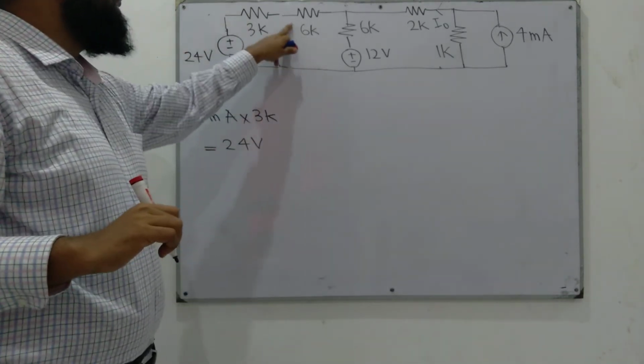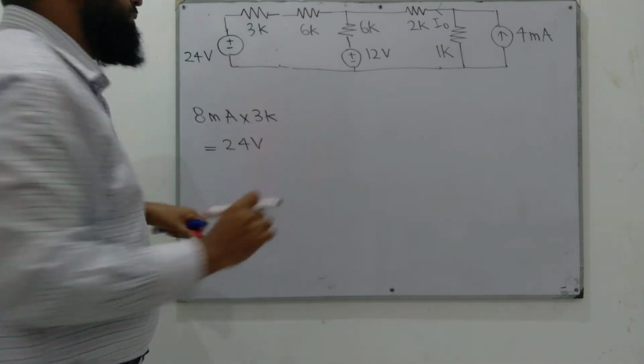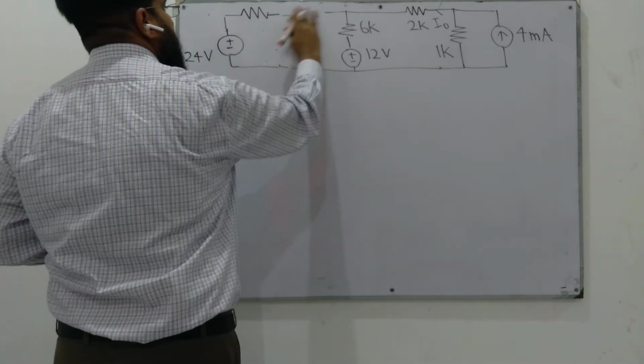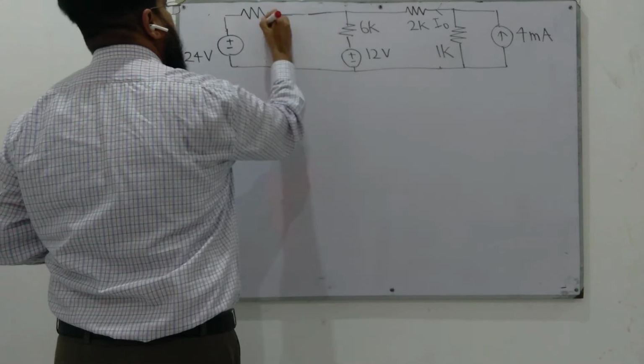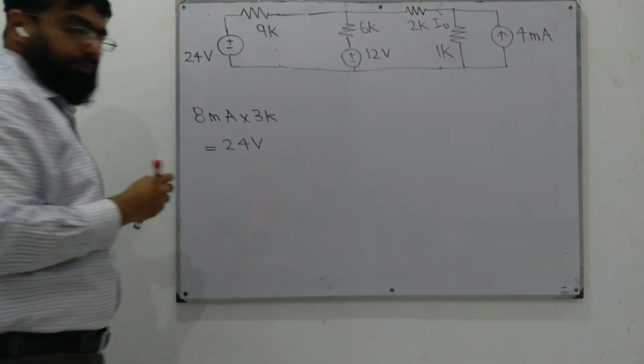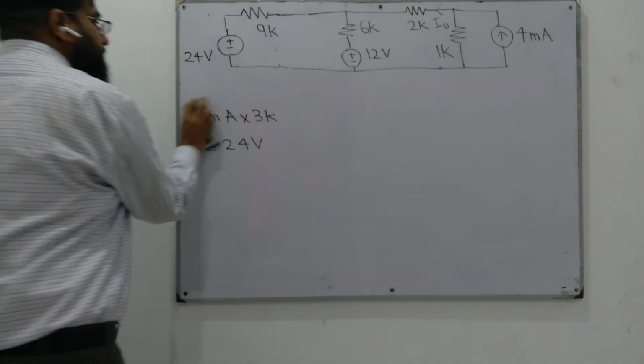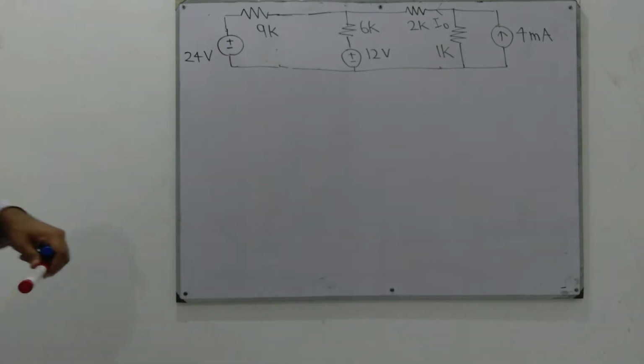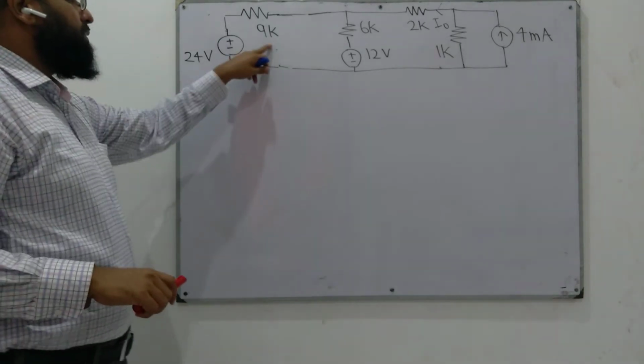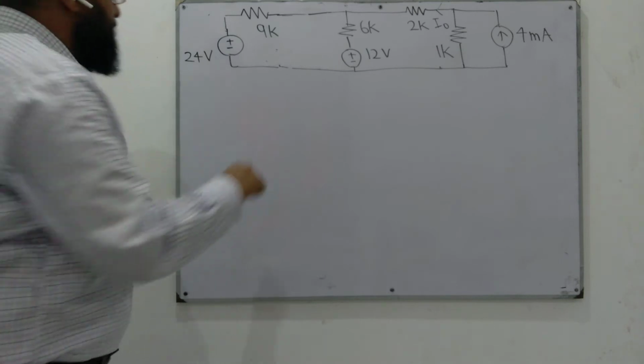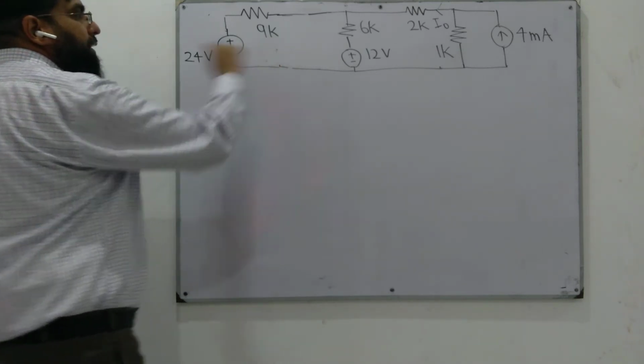Now we see the 3K and 6K resistors are in series, so they can be joined together and replaced with only one resistor having value 9 kilo ohms. Now we have a Thevenin's equivalent, 24 volts with 9K R Thevenin.